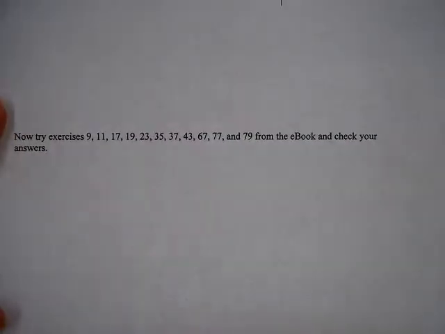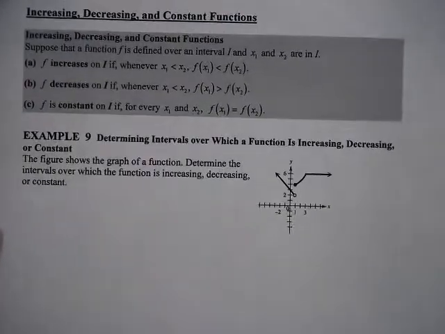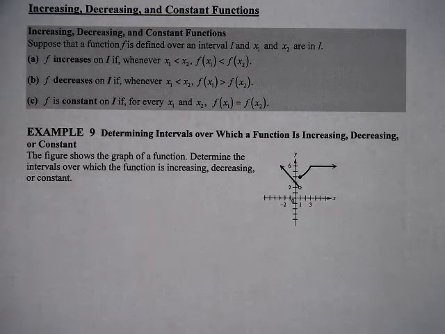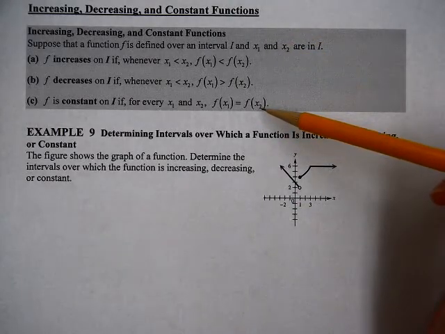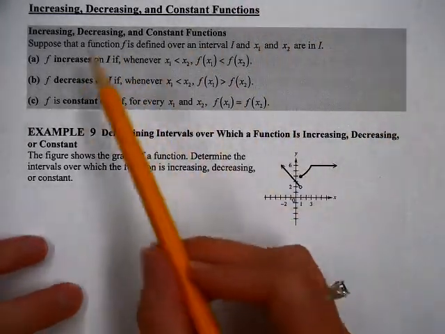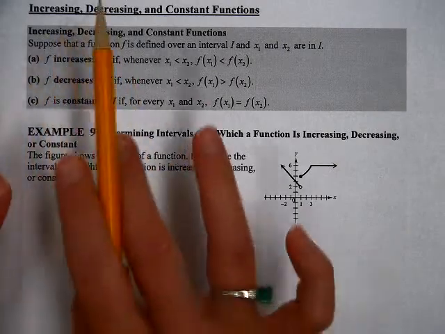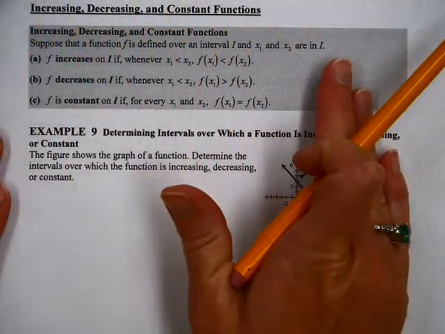Okay, last example. I know this is a long section. Just bear with me. Increasing, decreasing, and constant functions. Now, this wording is a little confusing, so let me just tell you this. First of all, always read your graph left to right.